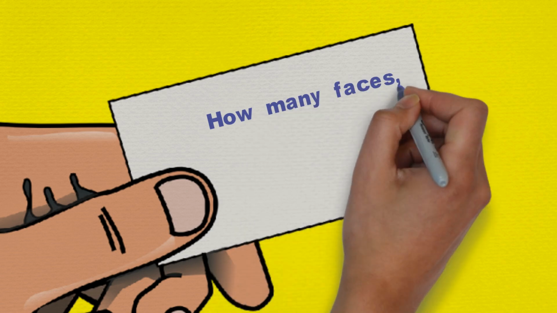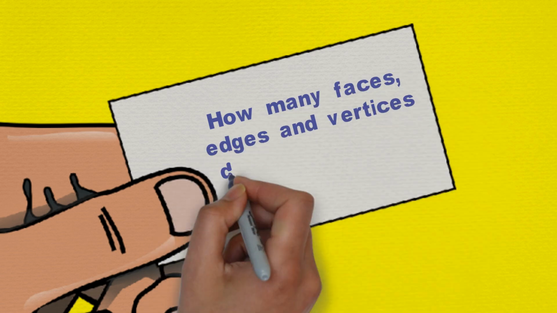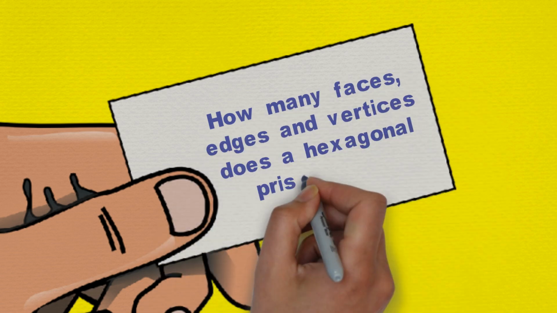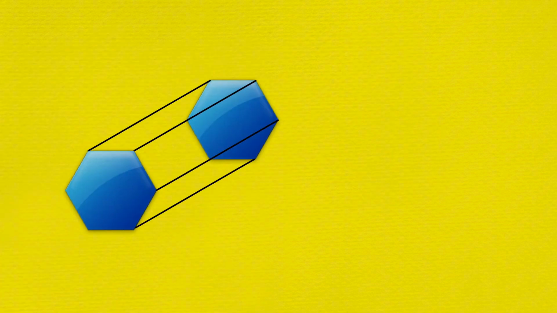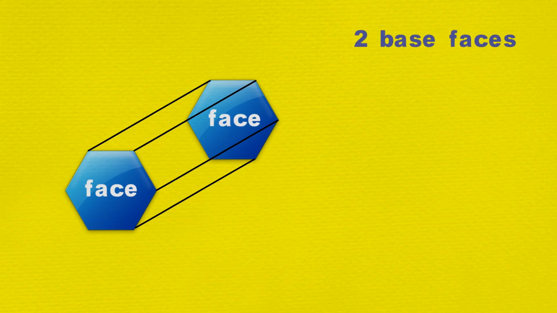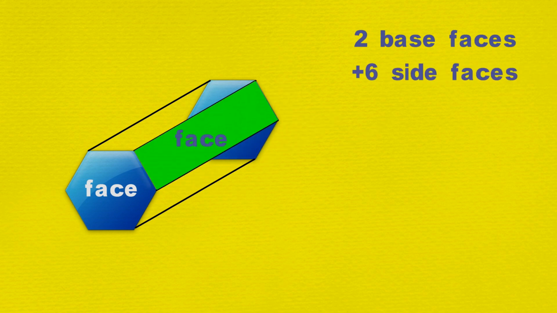Question: how many faces, edges, and vertices does a hexagonal prism have? Answer: the two base faces of a hexagonal prism are hexagons, which have 6 sides. This means there are 6 rectangular faces between the two bases of the prism, making 8 faces altogether.